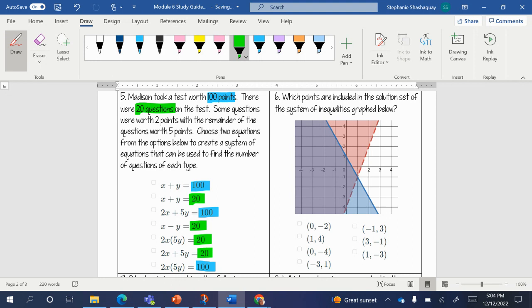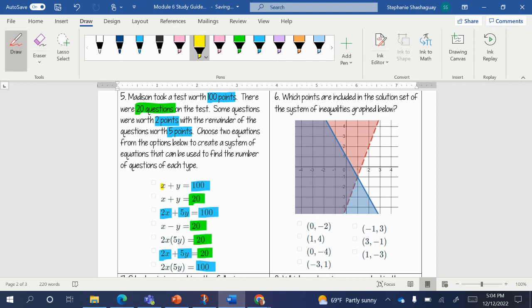Some questions were worth 2 points, and the other questions were worth 5 points. Again, we're talking about points and points. So 2 times x, 5 times y, and then we have to choose the 2 equations from the options below that create a system of equations.